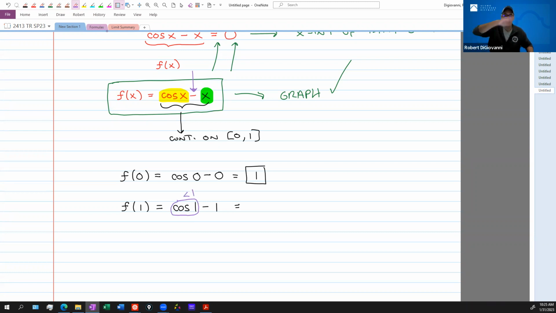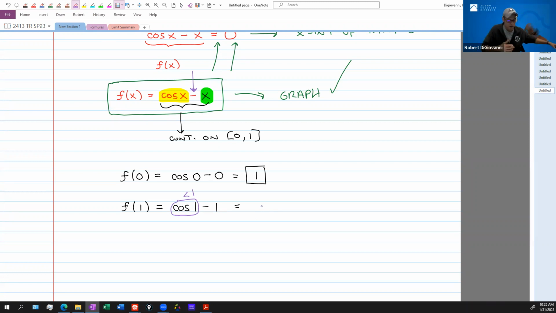Remember, the cosine function is this wave, and it goes between -1 and 1, right? So this number's got to be smaller than 1. And if you subtract 1, what can you tell me about this number? Is it going to be positive or negative? Negative. Everyone understand that? This right here is a negative number.